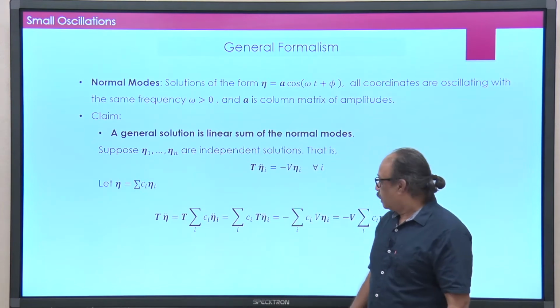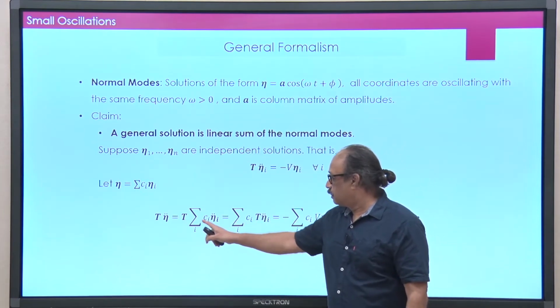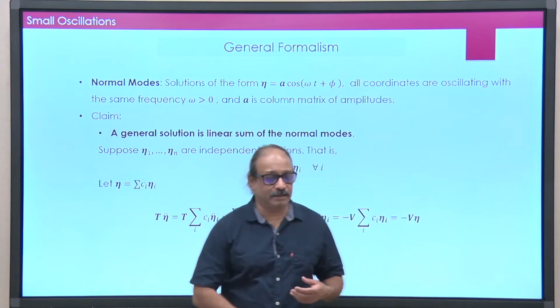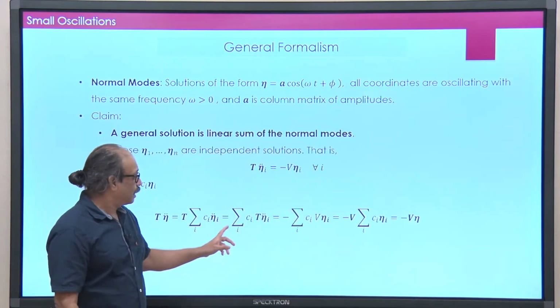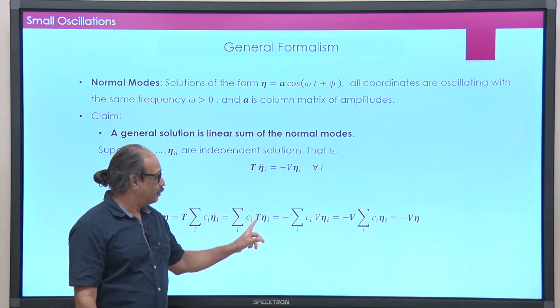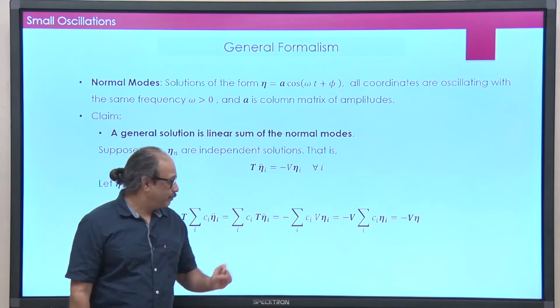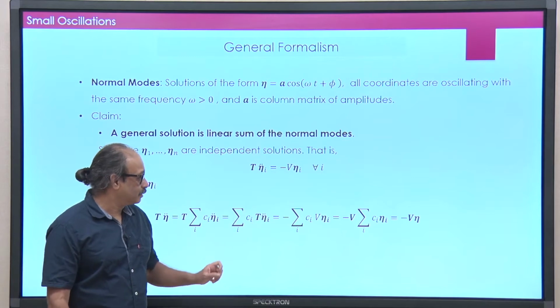And then because T of course is a matrix multiplication, it will distribute over this sum, and it will basically multiply the matrix with eta_i double dot.